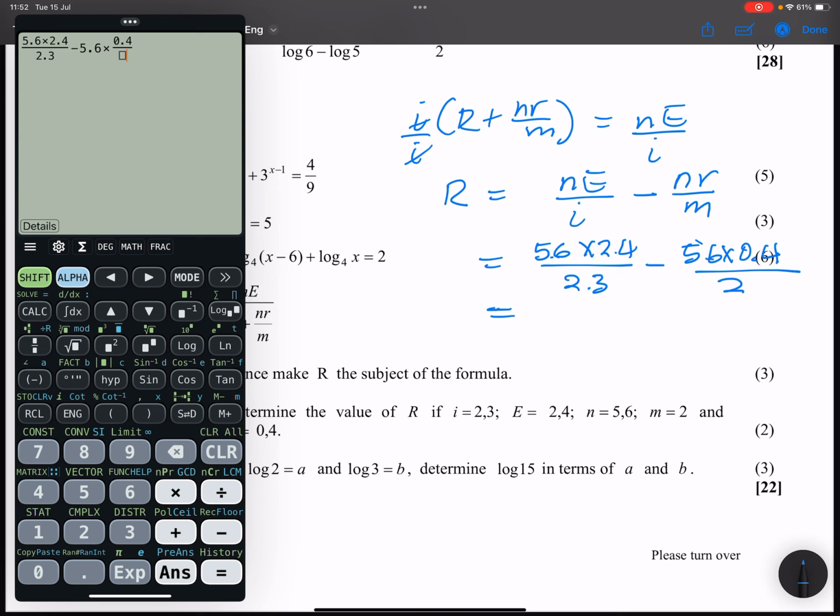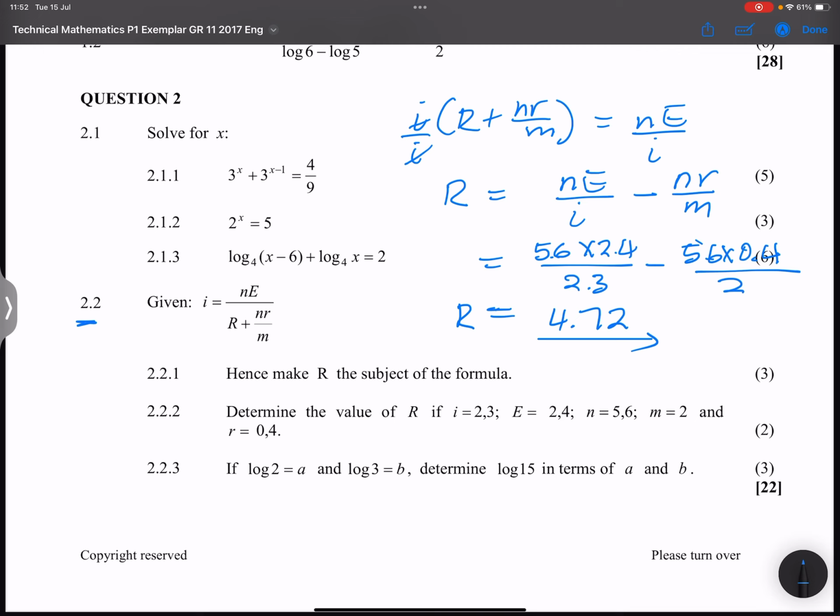I should have actually made that a fraction, but that's divided by 2. I get a value of R to be 4.72. Please verify that for me and let me know if you get the same answer.